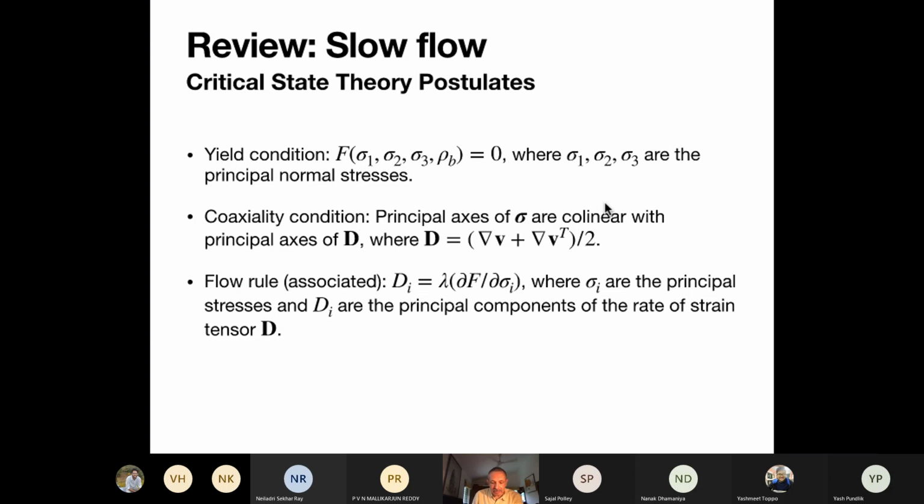And the third condition was a flow rule which says that the principal component of the rate of deformation tensor is related to the principal component of the stress tensor by this equation, where lambda is just some arbitrary constant.